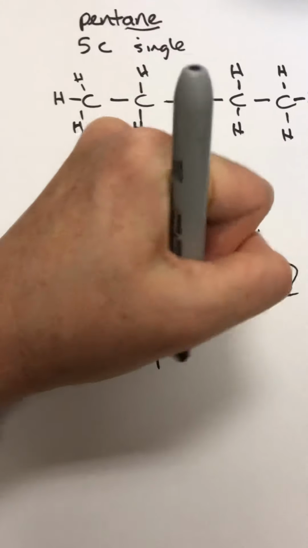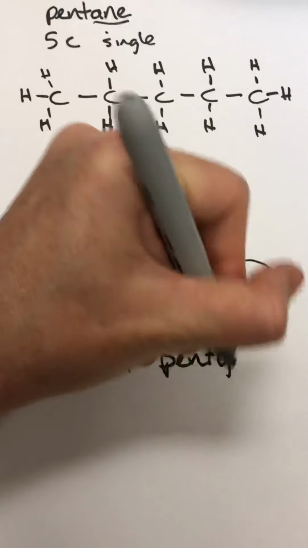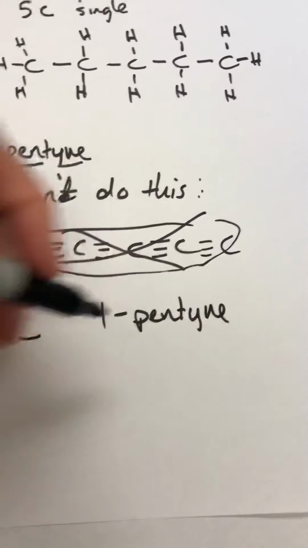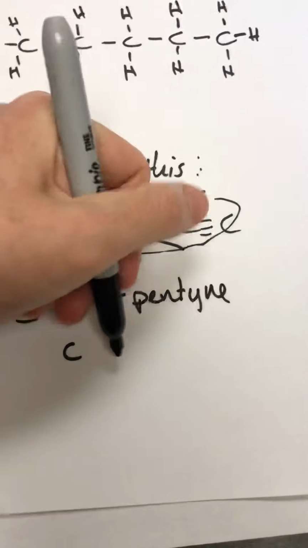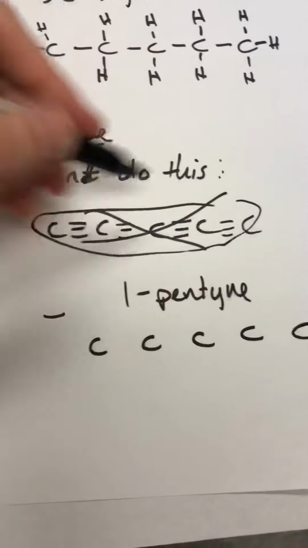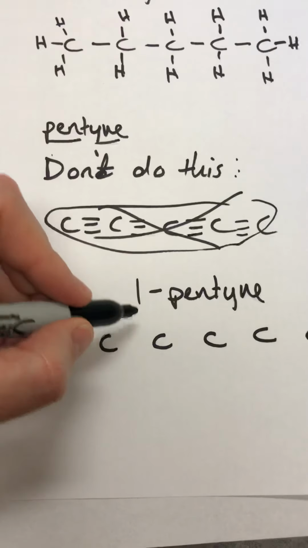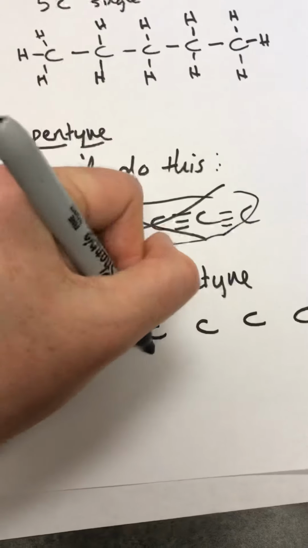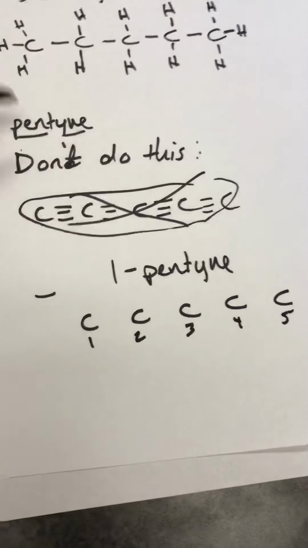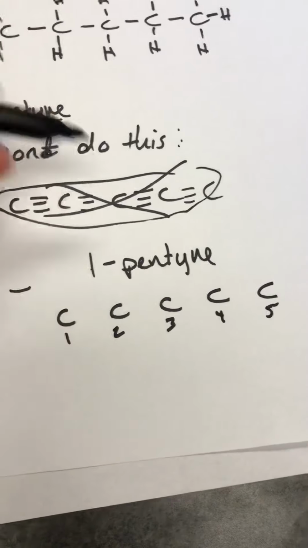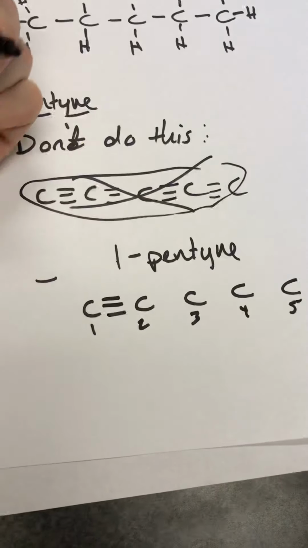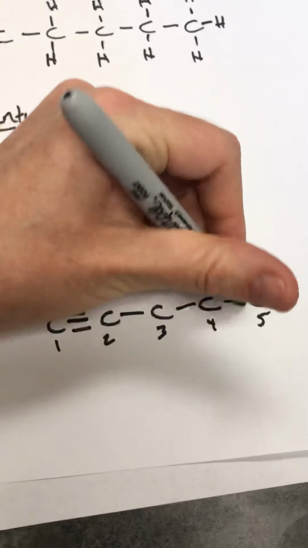So 1-pentyne. Here's how this would look. First we draw 5 carbons, and then we number the carbons. 1, 2, 3, 4, 5. Now it says 1-pentyne, telling you that on that first carbon, that's where the triple bond's going to be, and all the rest will be single.